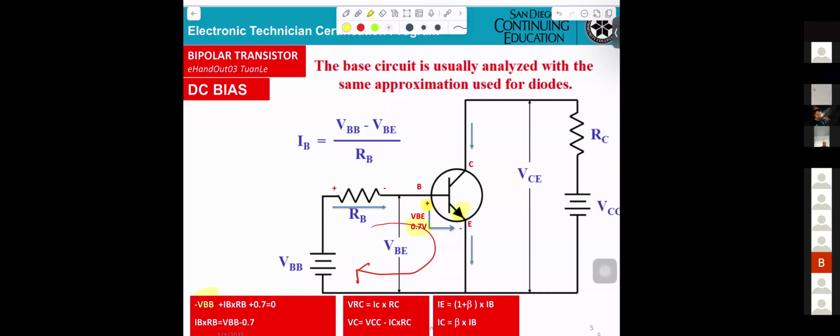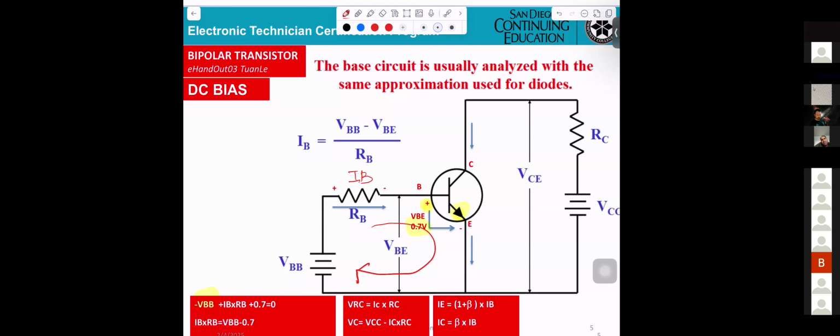Then you go to the RB, the current in RB here, you know that current will be IB. So you add IB times RB.